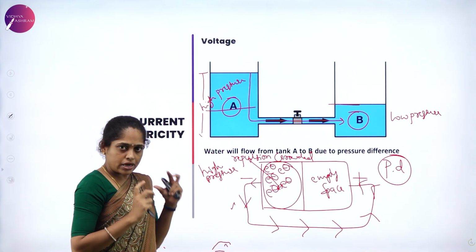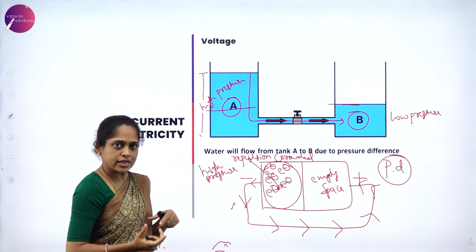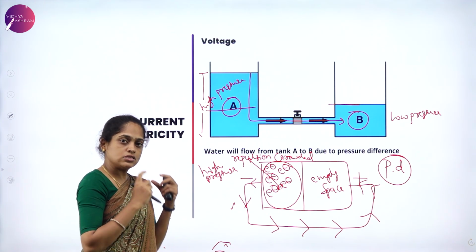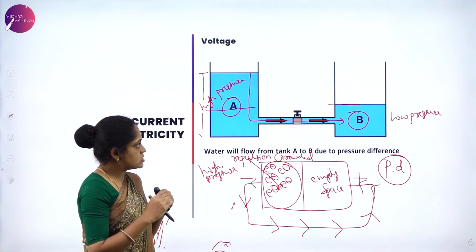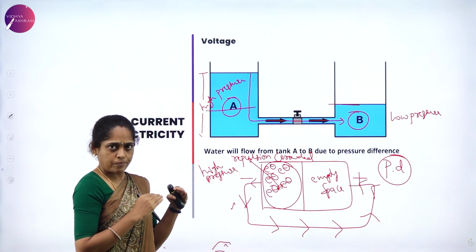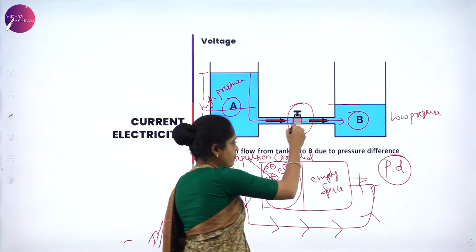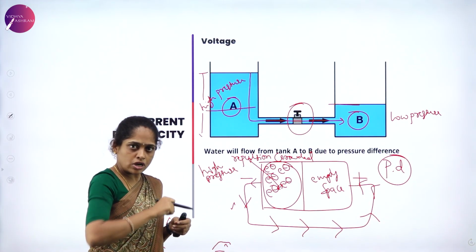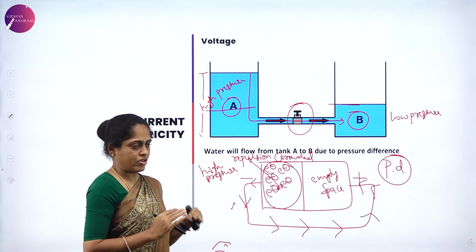So only when there is pressure difference, the water flows from one container to another container, from higher to lower, and it reaches the same level. When it reaches the same level, it stops there. Then, to create the pressure difference, we have a pump which continuously maintains the water at different levels.